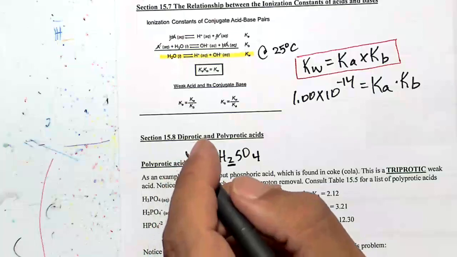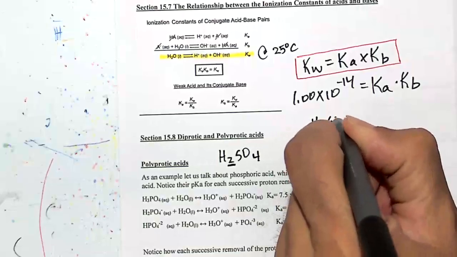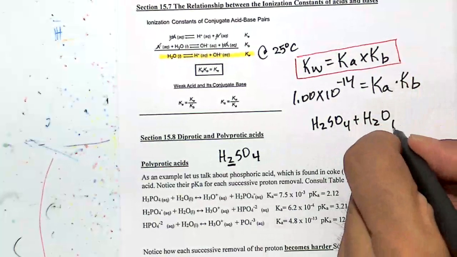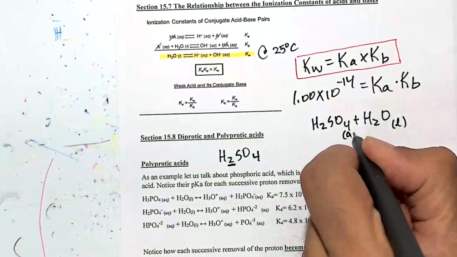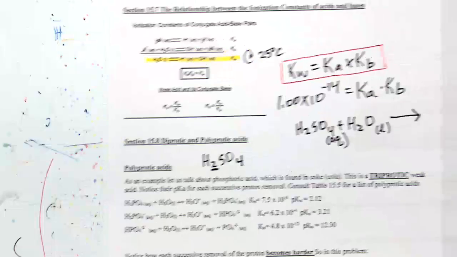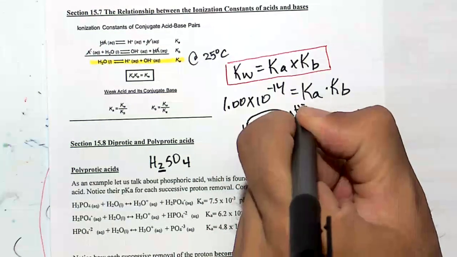Okay, the first one is strong. Okay, shall we go over that Ka? Okay, look at my arrows. Okay, so sulfuric acid is strong.